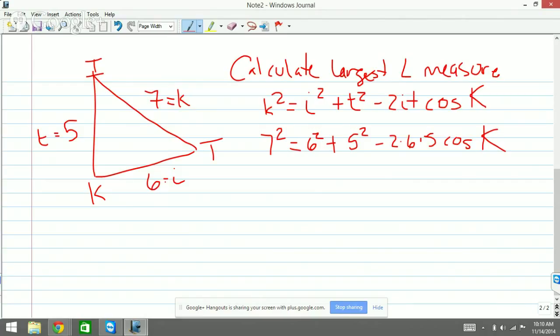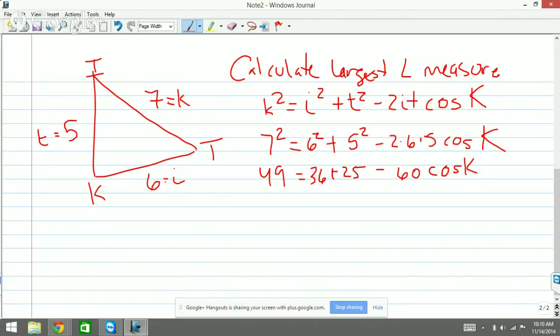Are you with me? So you have to figure out where those numbers are supposed to go. Right now it's just an algebra problem. 36 plus 25 minus 60. What's 36 and 25? 61.